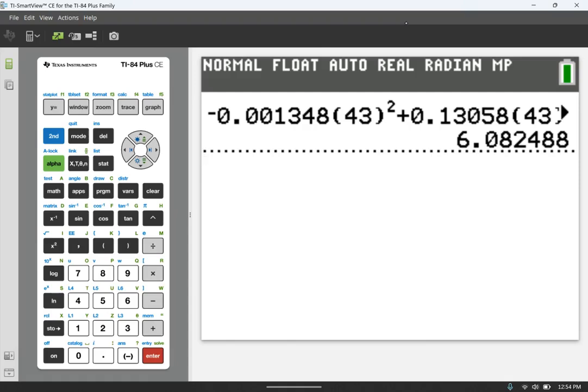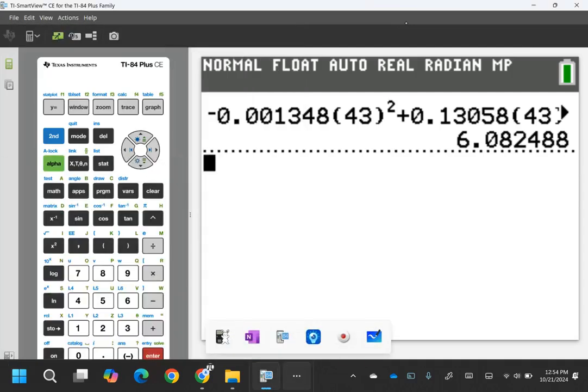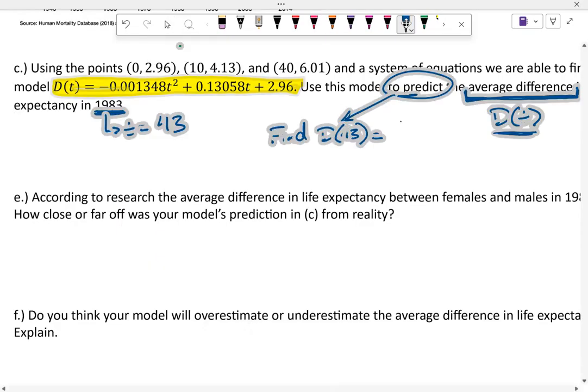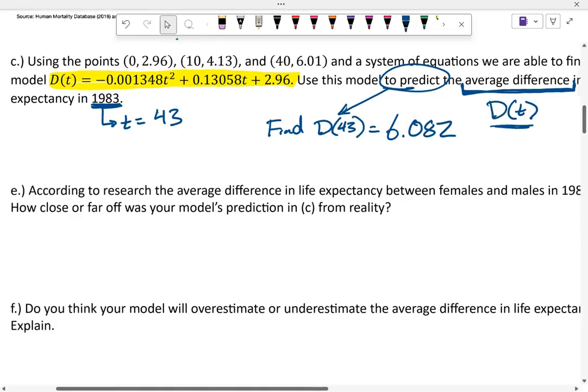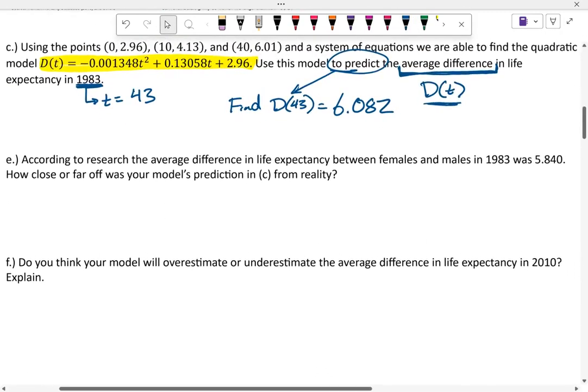All right, so 6.082, we can round to 3 decimal places. So that is 6.082. All right, according to research, the average difference in life expectancy between females and males in 1983 was 5.84.